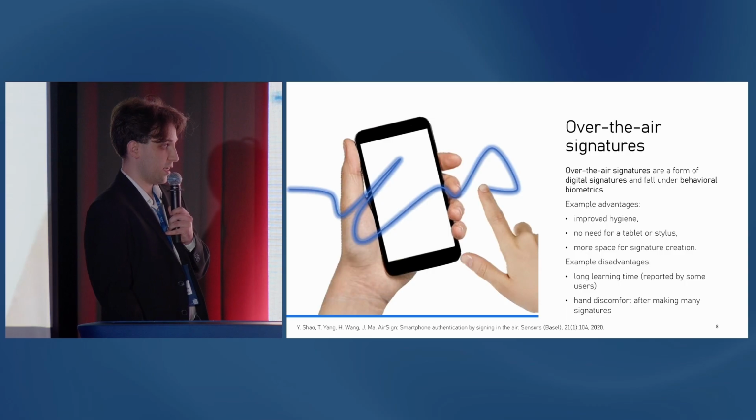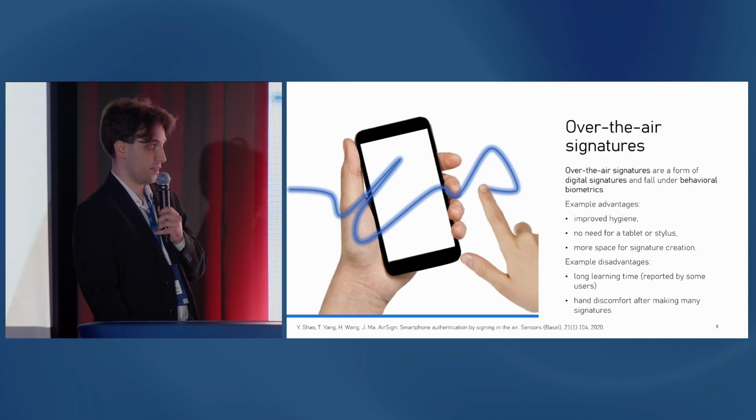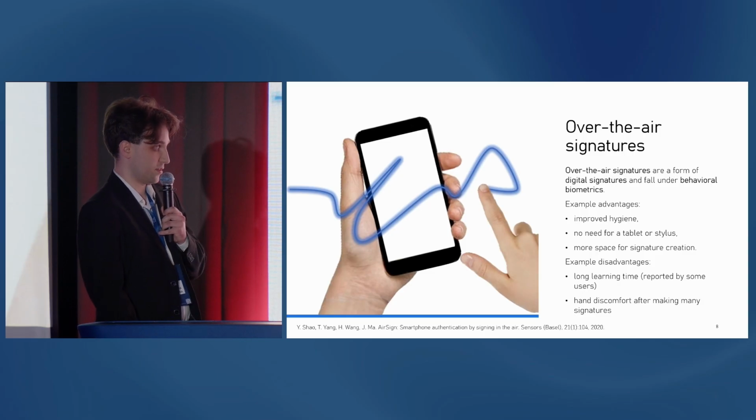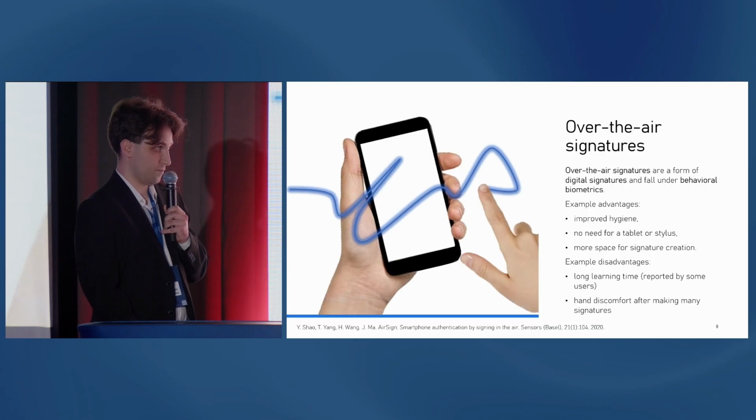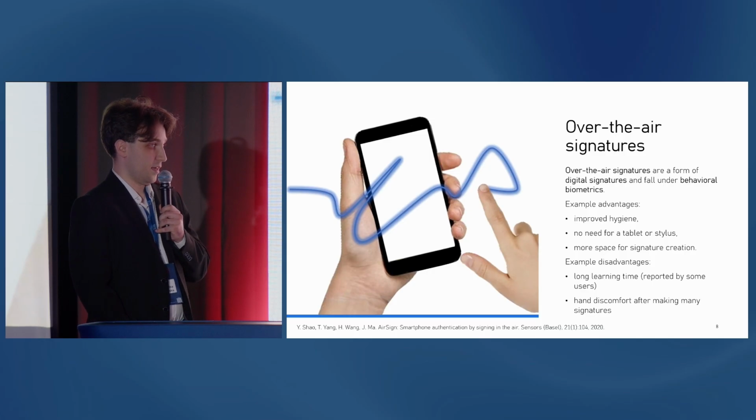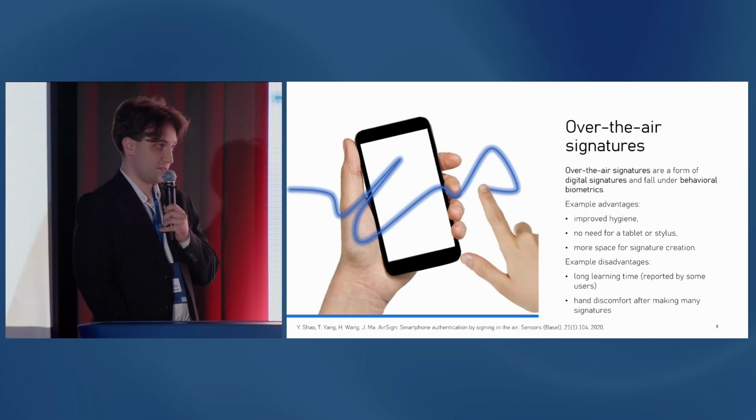Advantages: improved hygiene, no need for a stylus or a tablet. If the system is implemented in an office, you don't need that. And there is more space for making the signature, so you are not limited by a small screen. The only thing that limits you is the camera of your device.